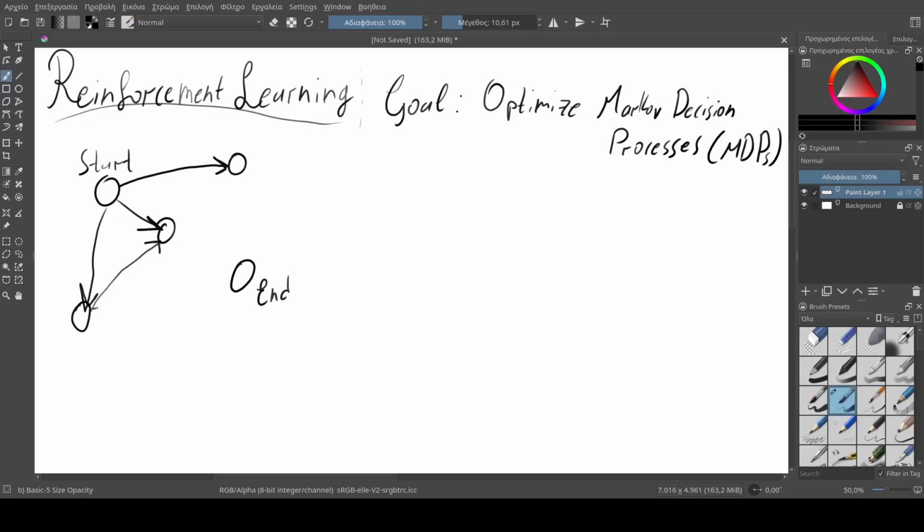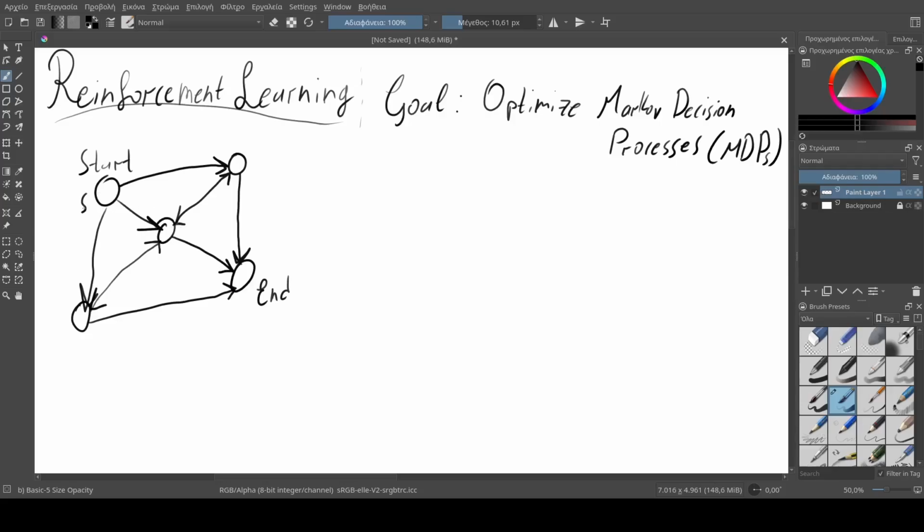Let's make a simple process. Let's make it so that they can go only to the nearest neighbor. And so we have here this thing. I forgot this here. And from this state we can go here, and from this state you can go here. And so let's name the states.